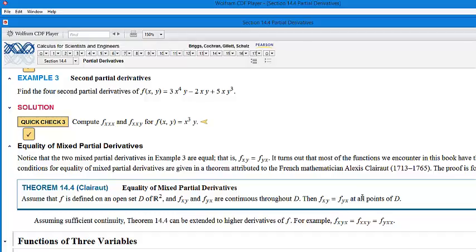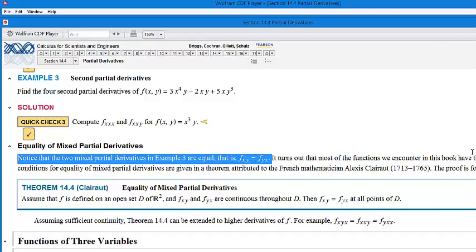Do they prove it? No. Look right above, guys. The proof is found in advanced texts. Okay, so be it. Thanks to Alexis Clairaut, who lived in the 1700s. It turns out that most of the functions we encounter in this book have this property.